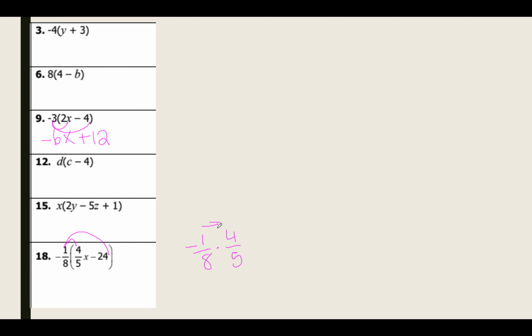You're going to multiply straight across. So the numerators get multiplied together and the denominators get multiplied together. So negative 1 times 4 is going to be negative 4. 8 times 5 is going to be 40. And then that x is just going to come along.